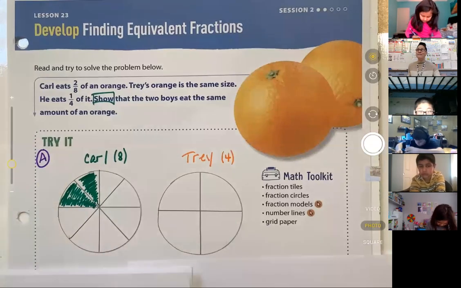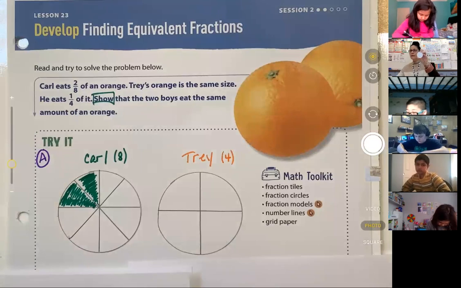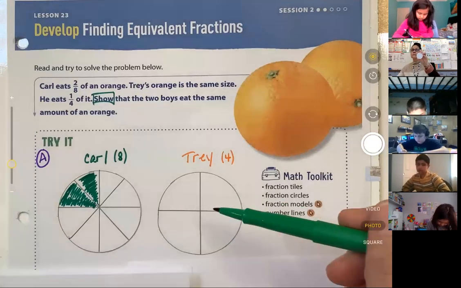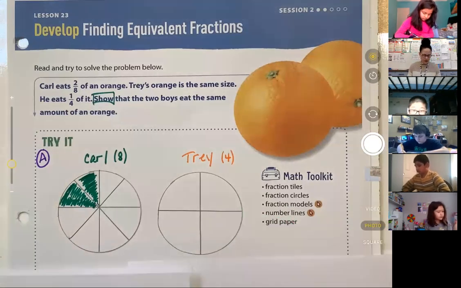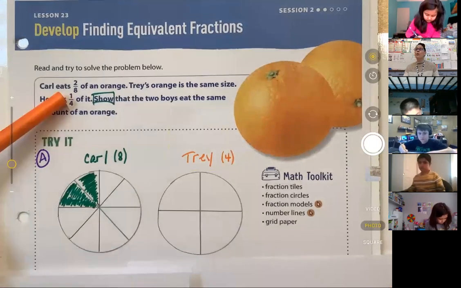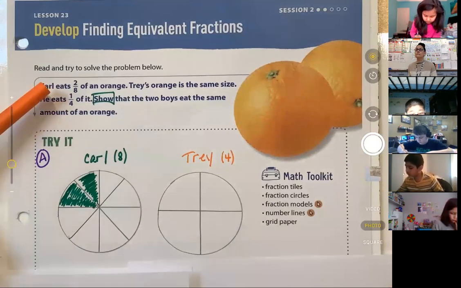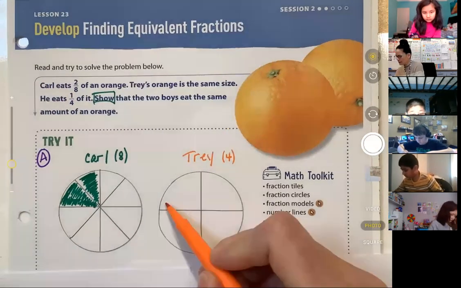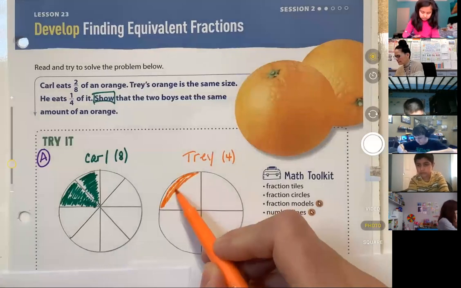So again, same size, but this time, again, 4 equal pieces. And then I need to shade what Trey ate. And it tells me that he ate 1 of those 4 pieces. So am I going to color in 1 piece? Yes, I am.